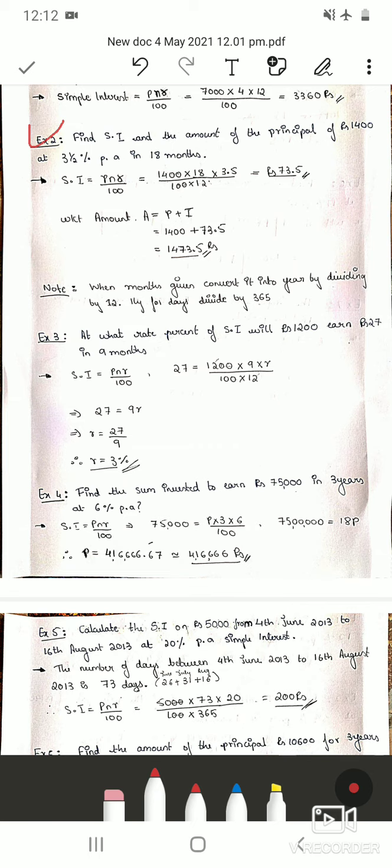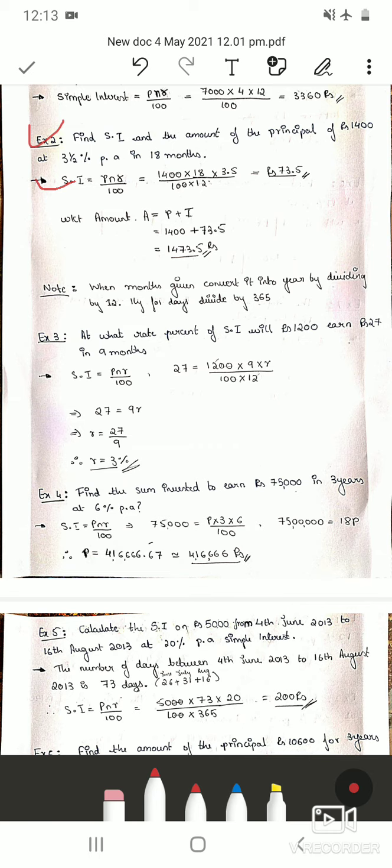First we need to calculate simple interest, but please note here the period is given in months, but the formula is for years. So it is necessary to convert months to years. To convert, we divide by 12 in the formula. Suppose days were given, then we divide by 365. Very simple. I hope you know this basic concept.